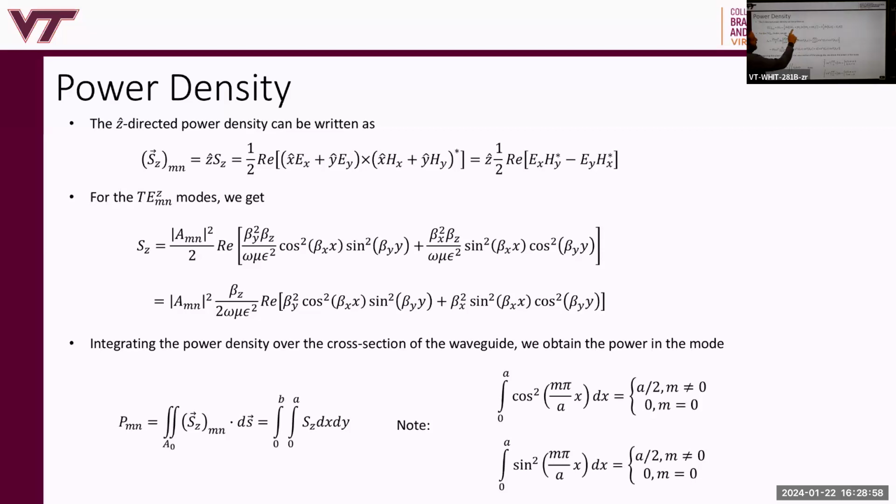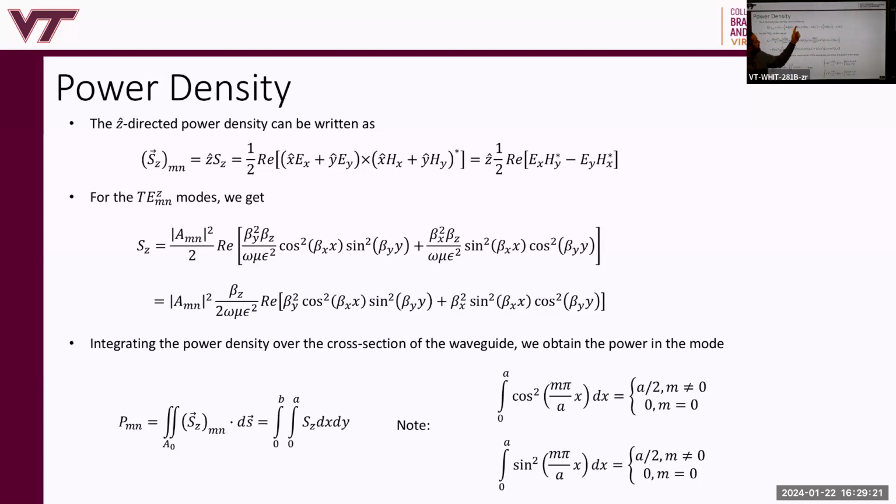But E in general has Ex and Ey, and H in general has Hx and Hy. But we're not interested in the z component, because we only want the z component out of this operation. One of these two fields might have a z component depending on if it's TE or TM, but we're not interested in that because when we take the cross product between this set of fields, we get z.